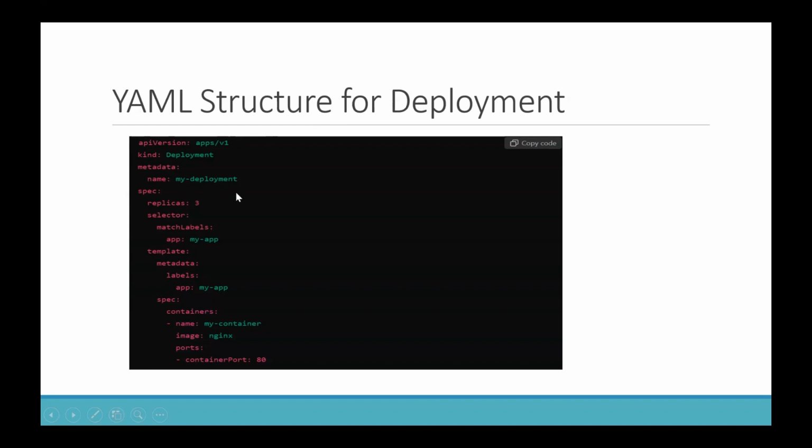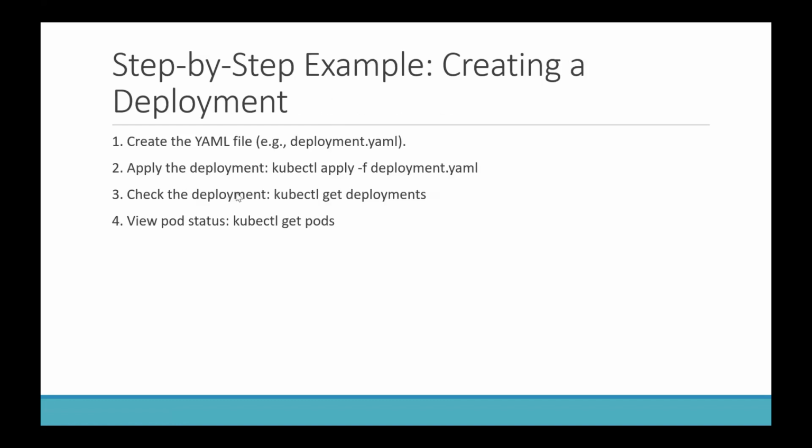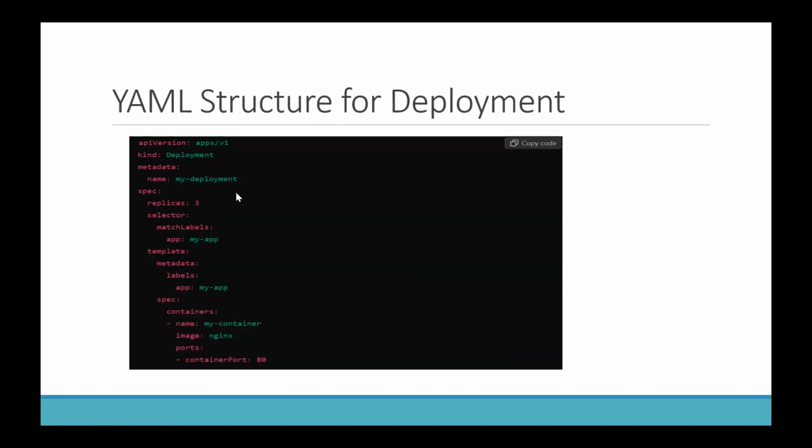If you have created a replica set, the deployment YAML structure is quite similar to the replica set, but there are some differences, which I will explain. For the API version, we provide apps/v1 for the deployment. And kind is of course Deployment, because we are creating a deployment.